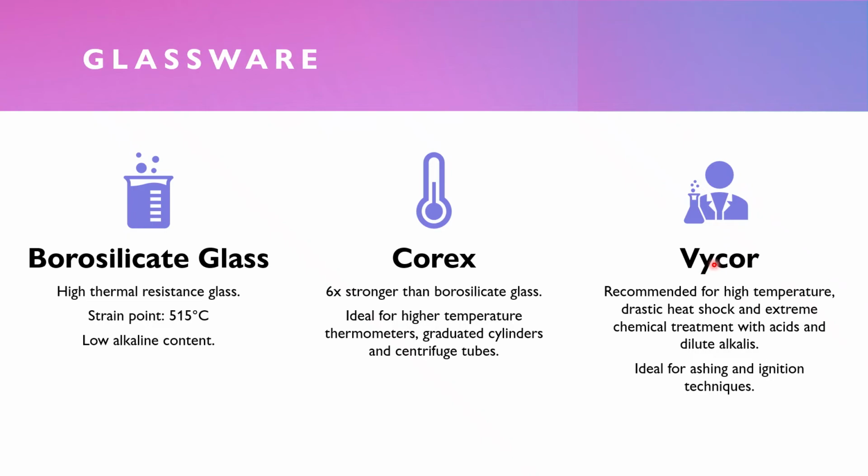Vicor is utilized for high thermal, drastic heat shock and extreme chemical treatment with acids, except hydrofluoric and dilute alkali. It can be heated up to 900 degrees Celsius. Kindly write that down. A Vicor type of glass could be heated up to 900 degrees Celsius.